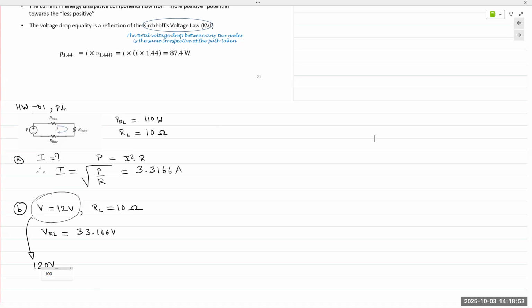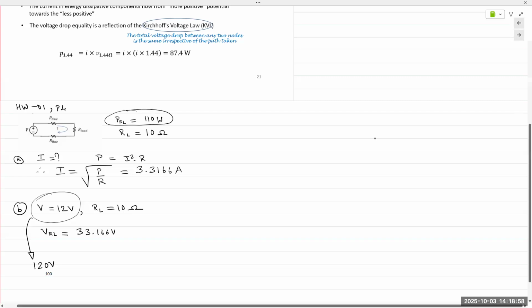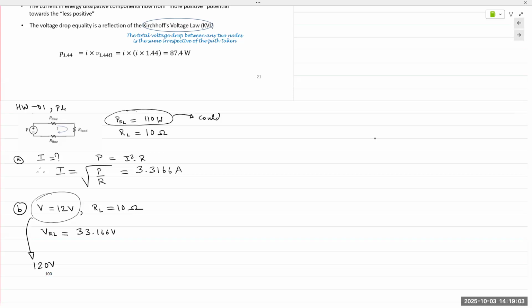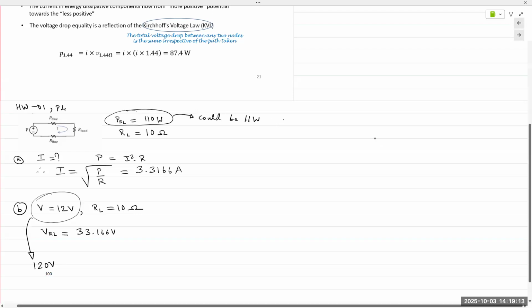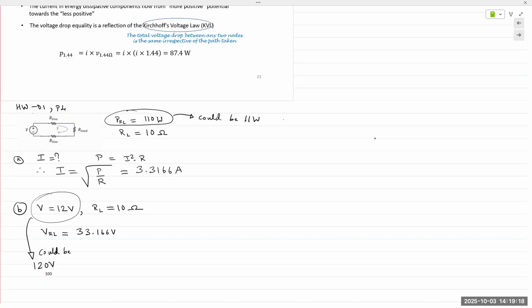Either PRL is 11 watts, or this value. Either of those things might have an error. Other than that, the problem would not make sense. Okay.